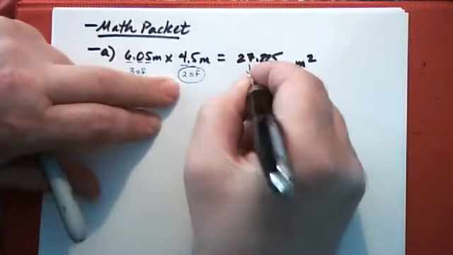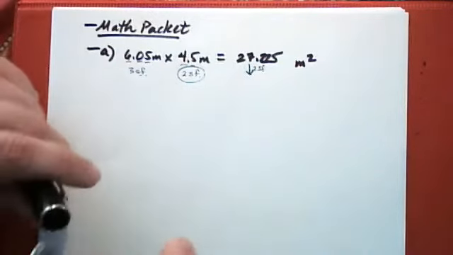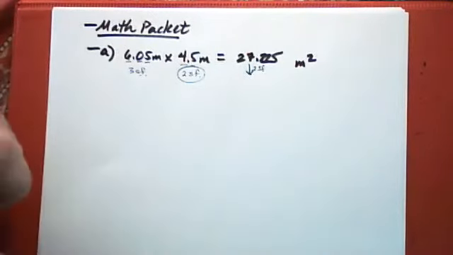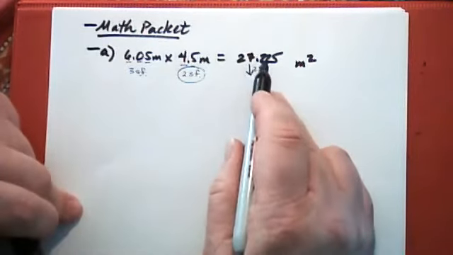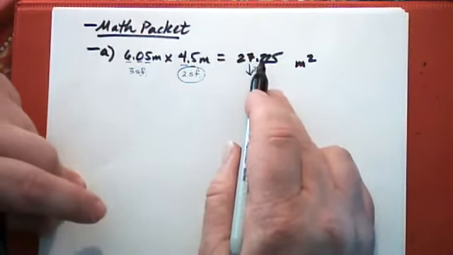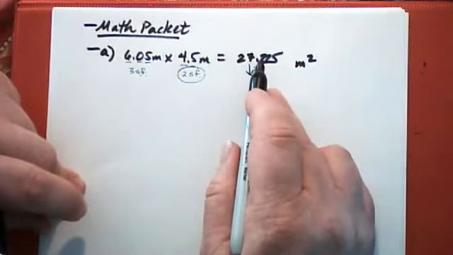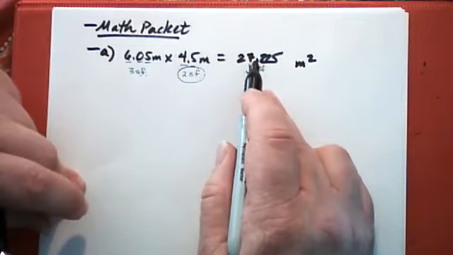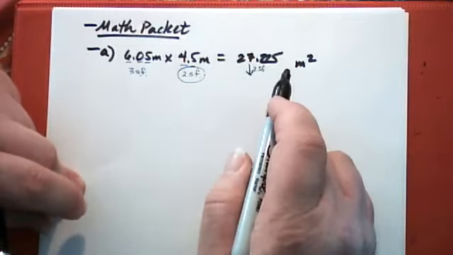So we have to round off this number 27.225 so that it has 2 significant figures. That means the 2 and the 7 can stay, but everything else has to go. But remember, when you round off a number, you have to look at the first number you're dropping, which is a 2 in this case, and if that number is less than 5, which it is, then you don't have to make any changes to the numbers you're keeping.